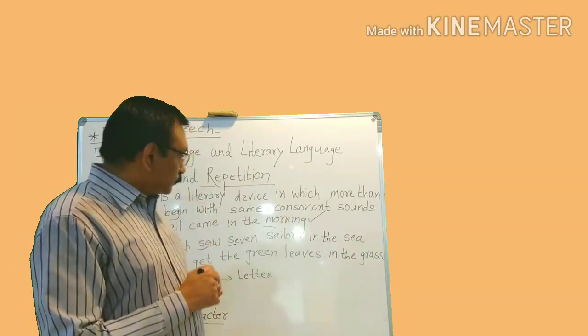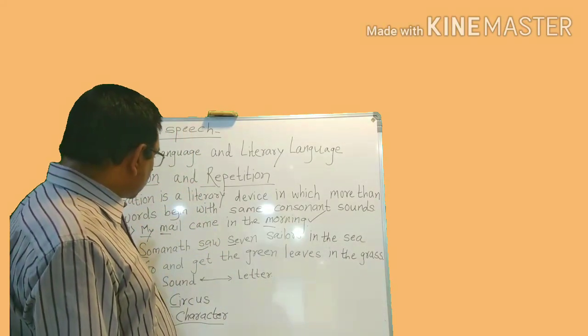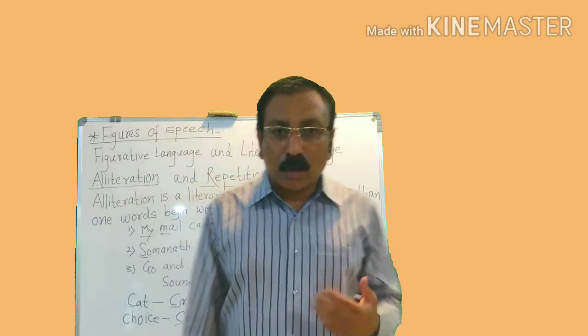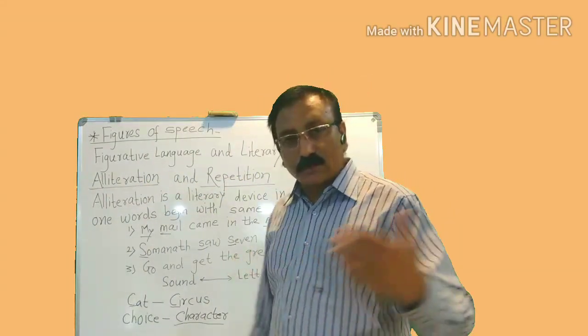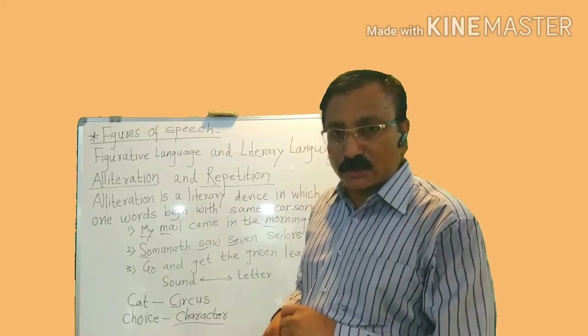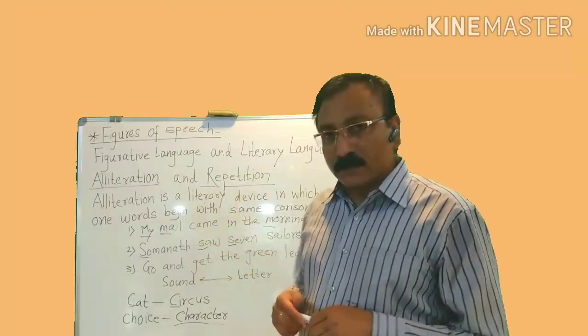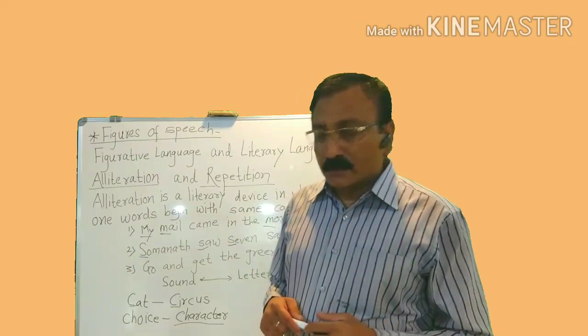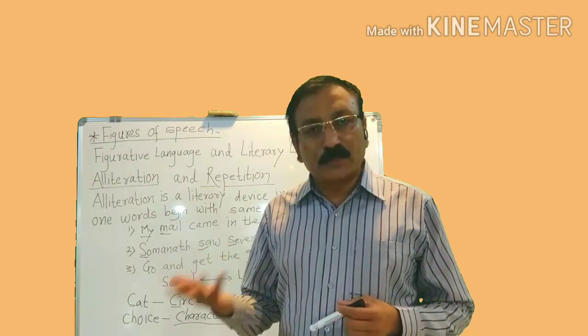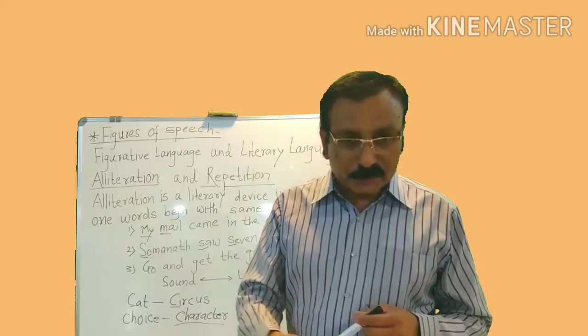Let us take more examples from the poem we studied in the earlier session, Song of the Open Road. I will explain each and every line where we have the figure of speech alliteration.